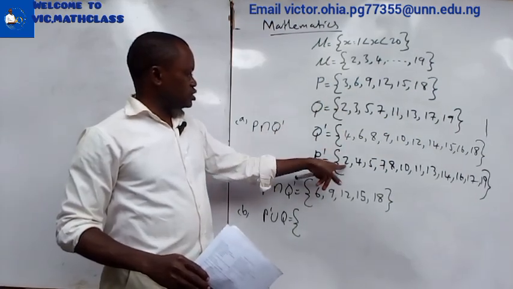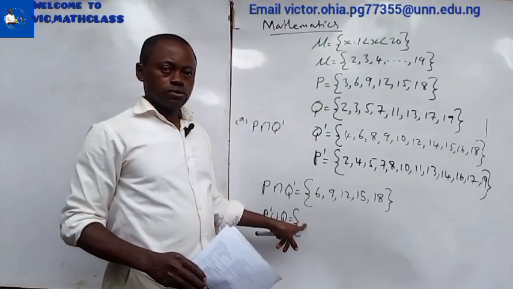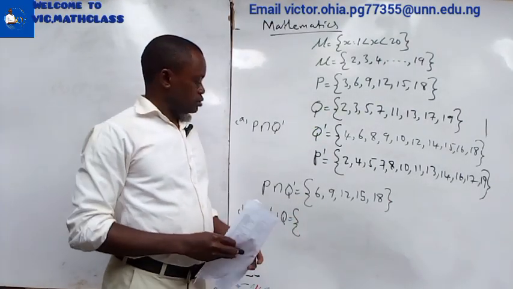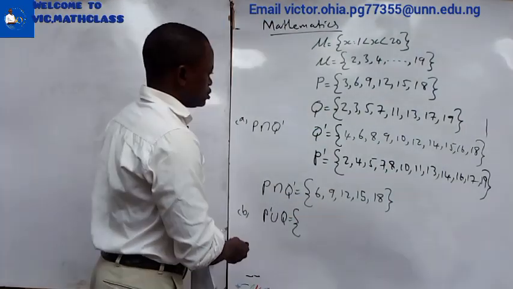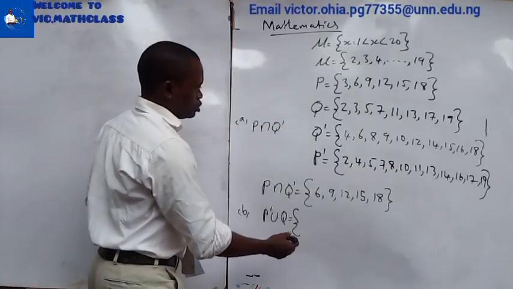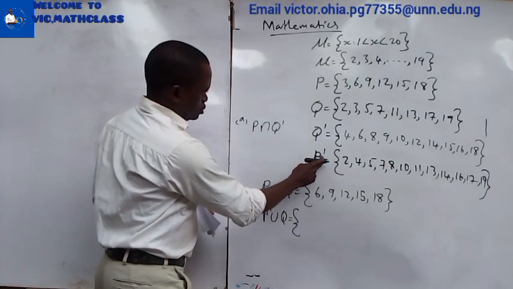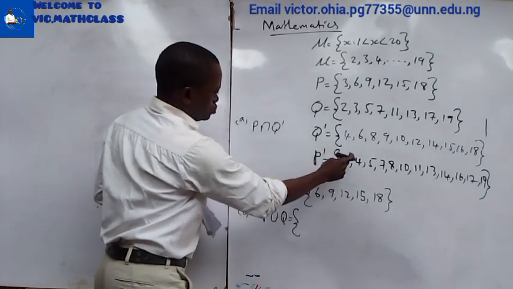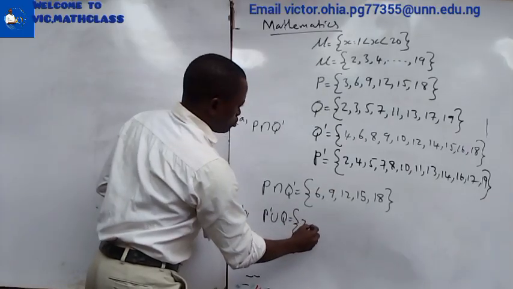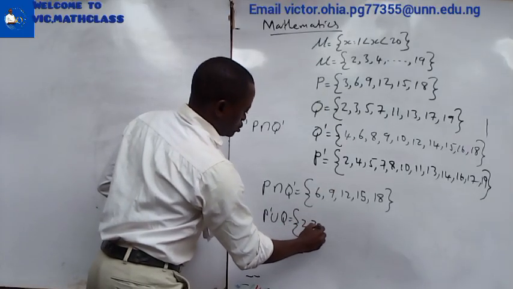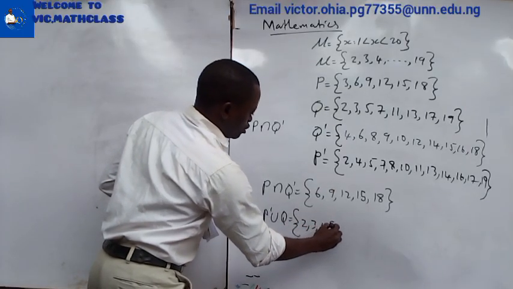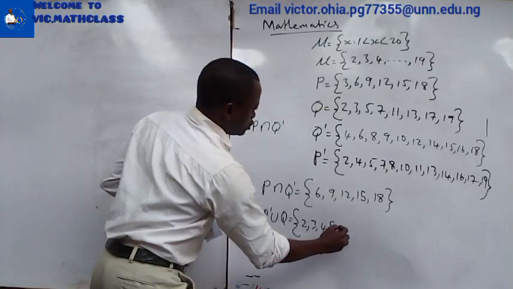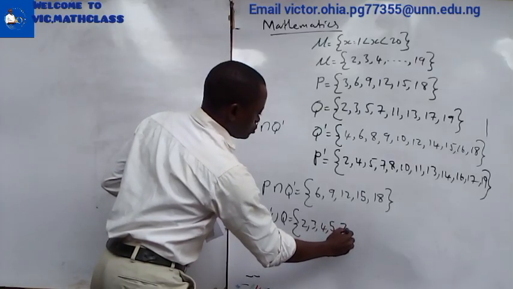So as 2 is here, 2 is here, I will write 2 only once. I'm sure that is taken. I will list all the elements without repetition. So the union of this and this will be 2, comma, 3 is there, 4, 5, there's no 6, so I'll go to 7.